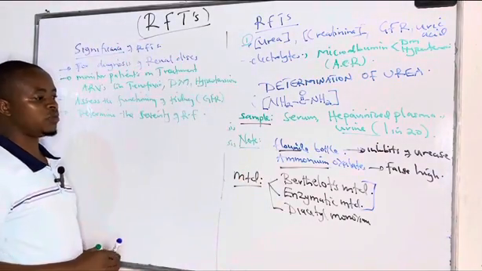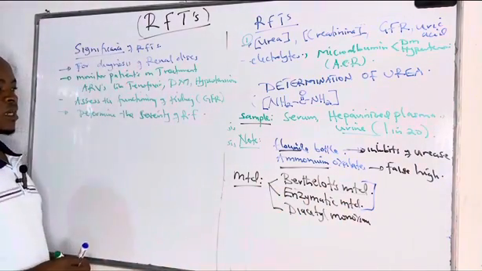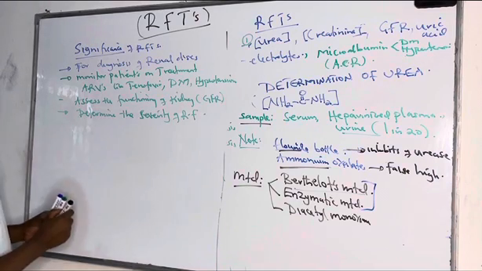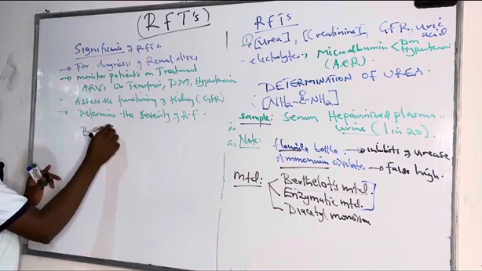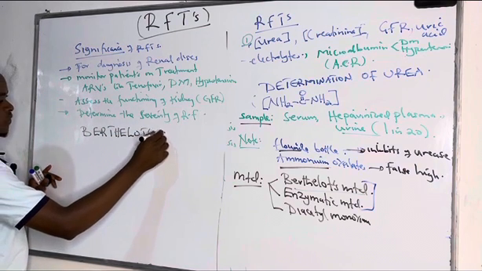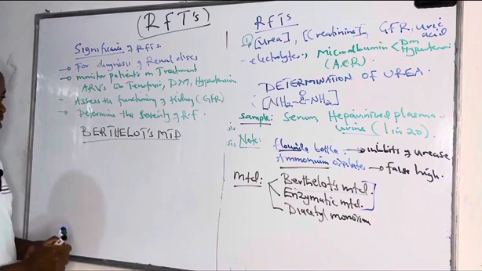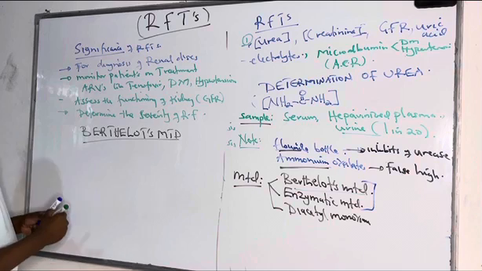So as we said, we are going to begin with Berthelot's method of urea determination. This Berthelot's method utilizes the enzyme urease.